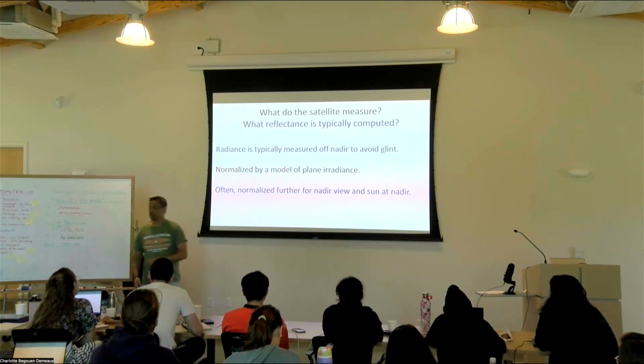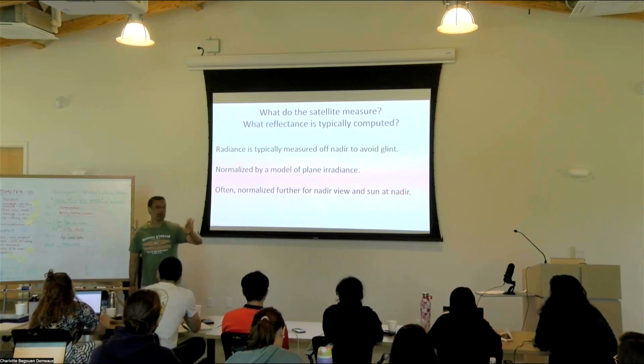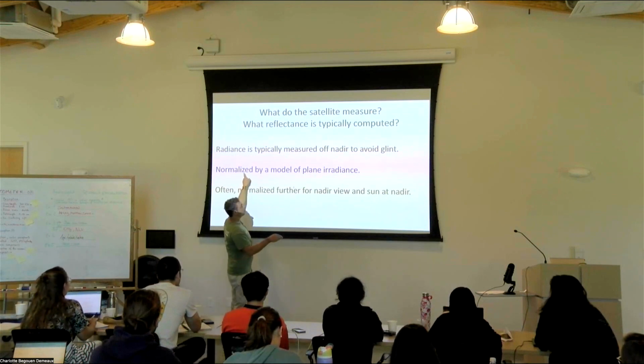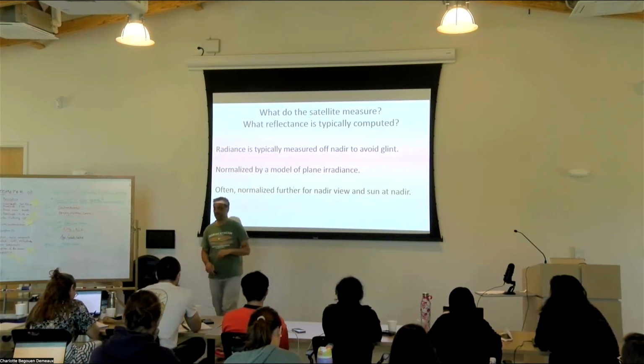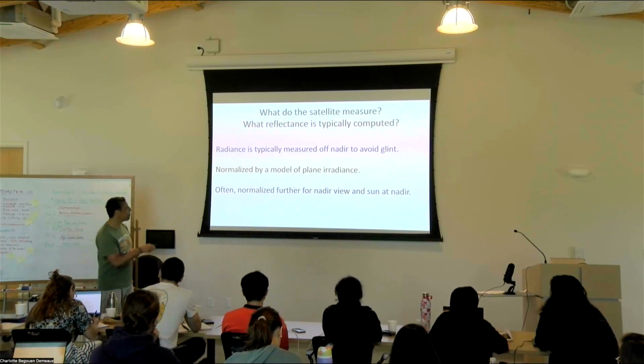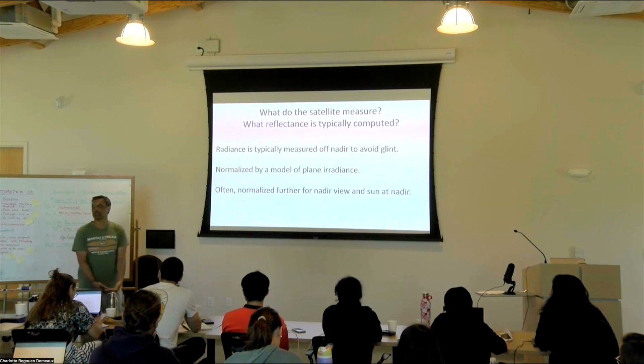So we want to know the pressure, because we'll get to that in the atmospheric correction. But atmospheric correction is done for the radiance, and this also comes into the model of the irradiance. But remember, this is a model, not a measurement. The satellite cannot measure it.